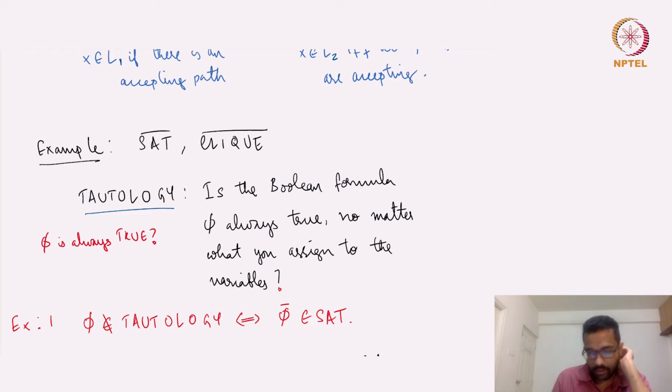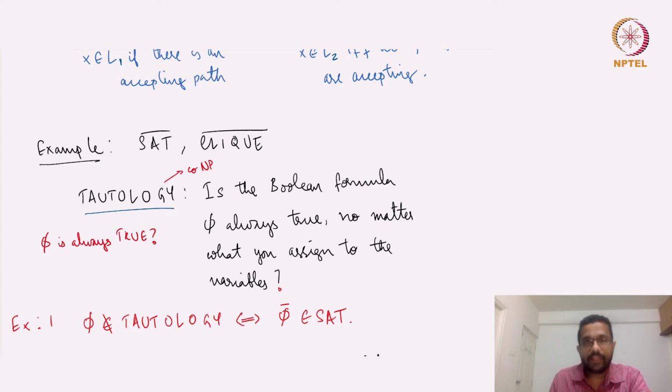I am saying that tautology is in co-NP. The complement language is the set of all Boolean formulas such that it will not be always true. It will evaluate to false in some assignments. So if phi is not in tautology, that means it evaluates to false in some instances.